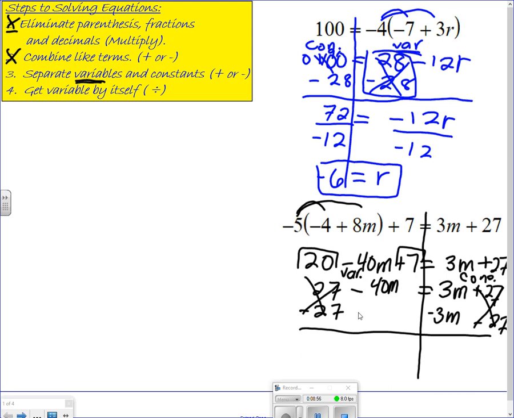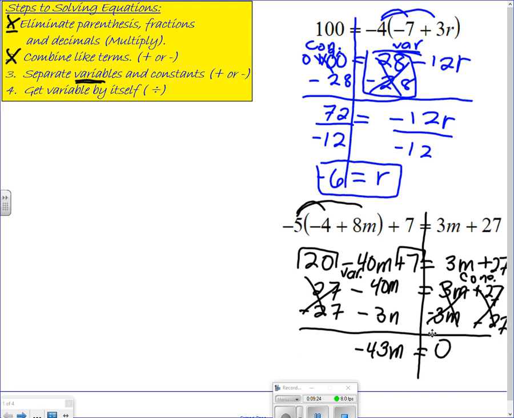What you do to one side, you must do to the other. -40m minus 3m will give you -43m. 3m minus 3m are opposites, they cancel. So on the right side, there's nothing left over. Nothing is 0.